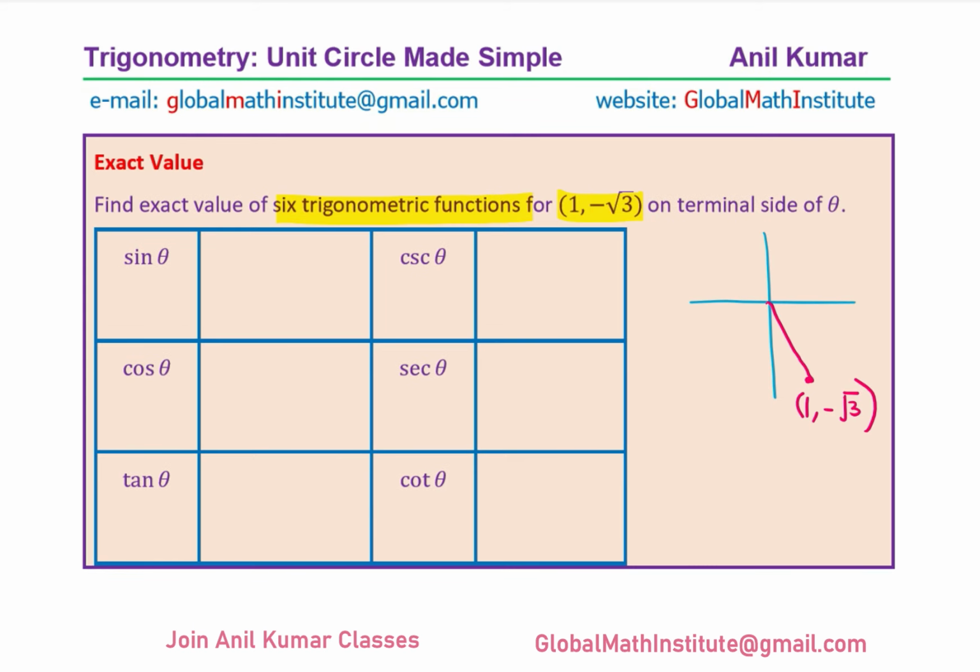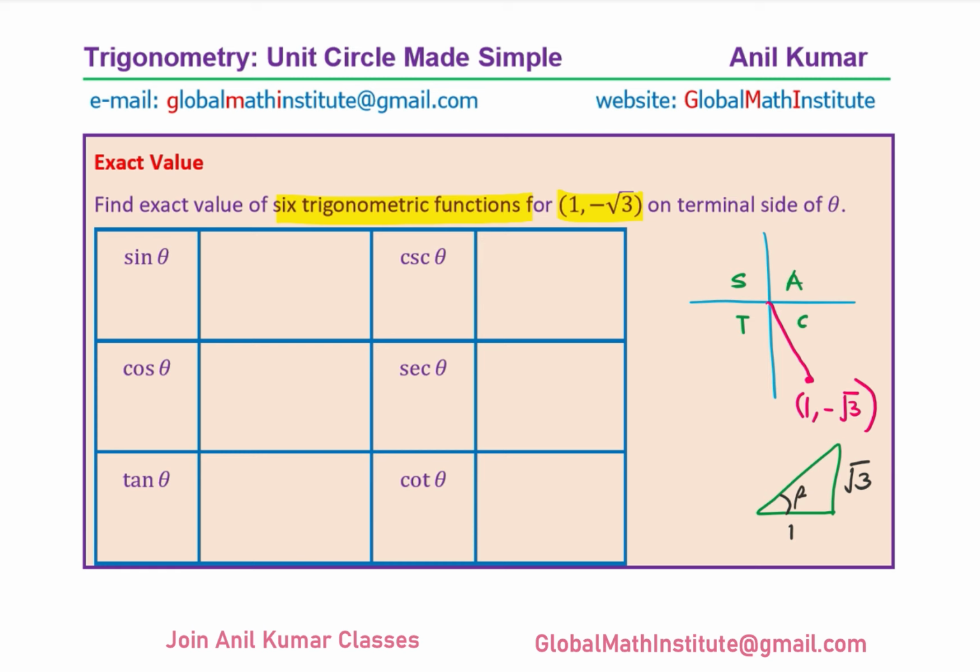Well, let's continue with the next example. So the first step here is, we know we are in quadrant 4, right? So where cosine is positive, the other trigonometric ratios are negative. We'll now make a right triangle, whose adjacent side will be 1, and square root 3 will be opposite to the angle.